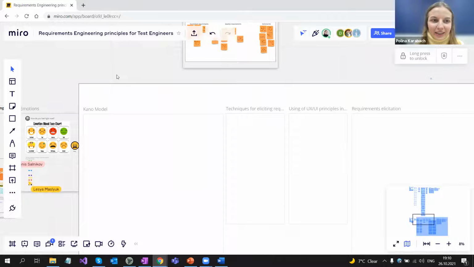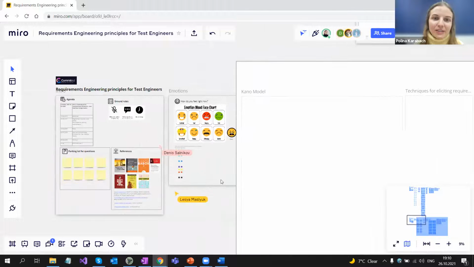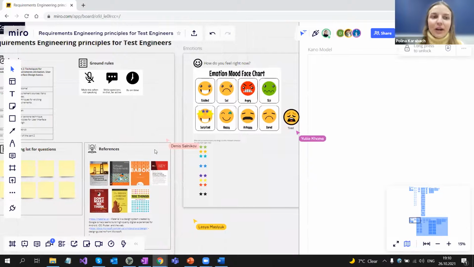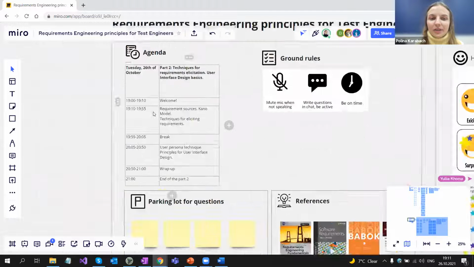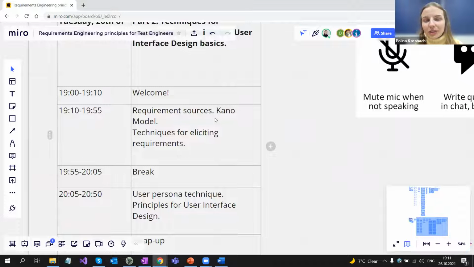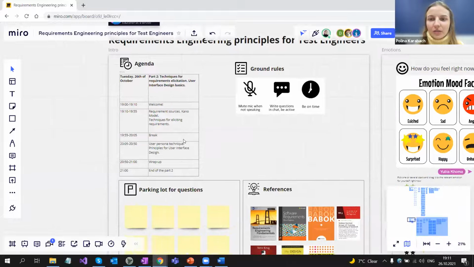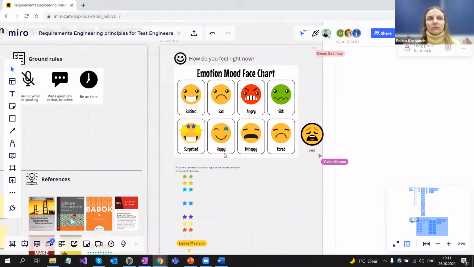All right, let us continue with some theory block that I will share right now. We will start with defining the requirement sources, and we'll talk about the Kano model. So I will just ask a question. Can you tell me, where do you think we can receive the requirements from?